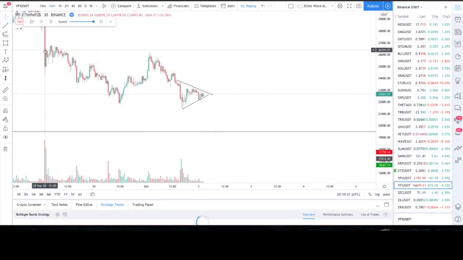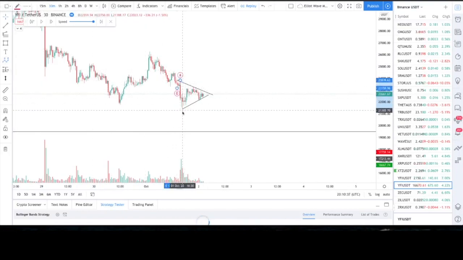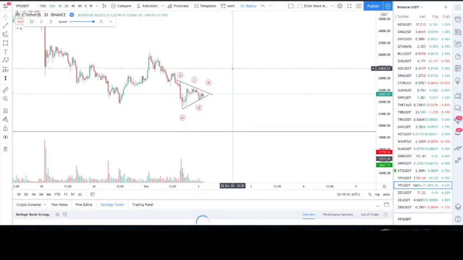So we've got A, B, C, D, and E hasn't happened yet, so we'll just be waiting to see if this sets up. We're looking for E to usually break, or maybe it would be a little bit short, and then a breakdown from there.